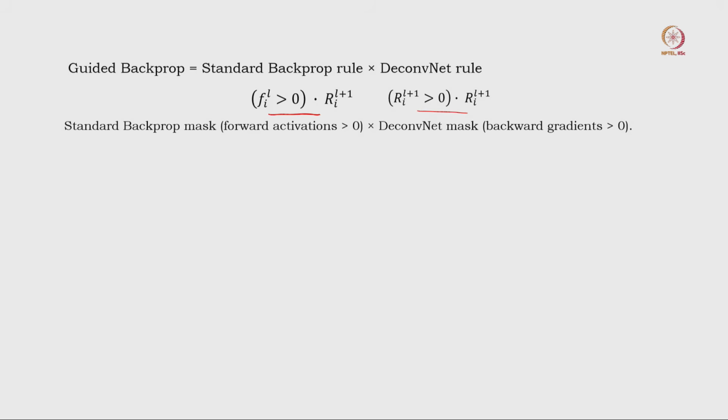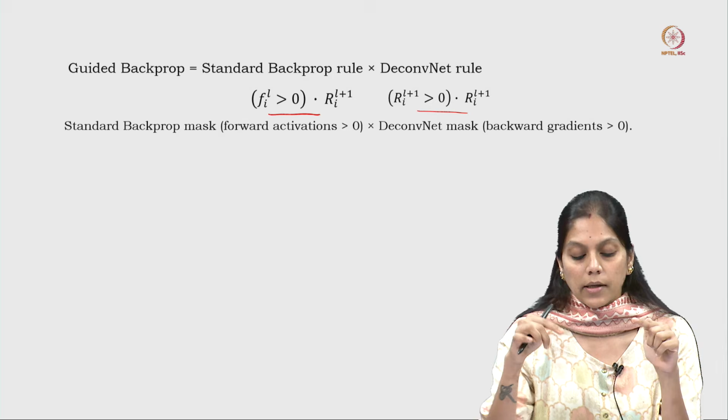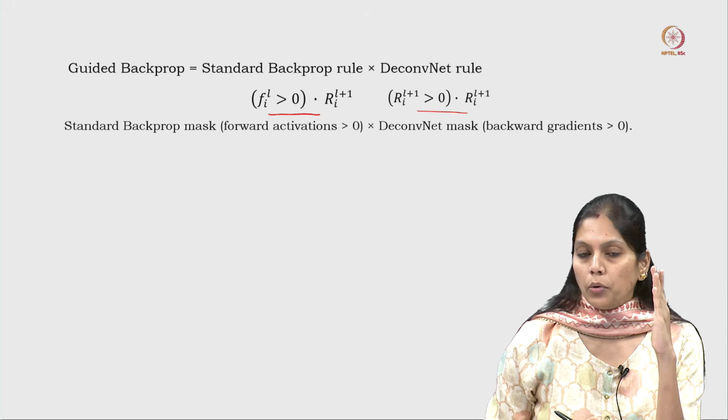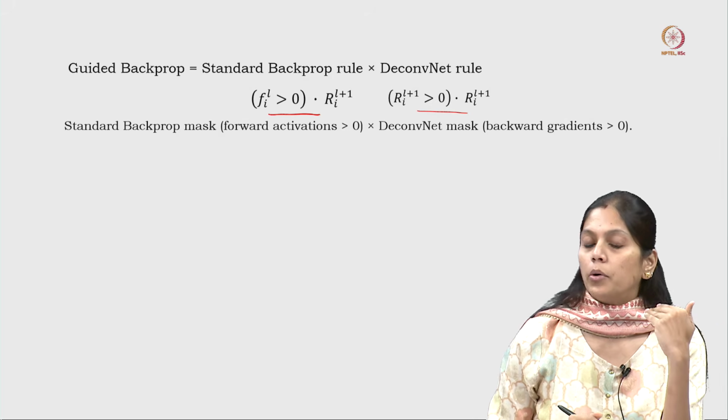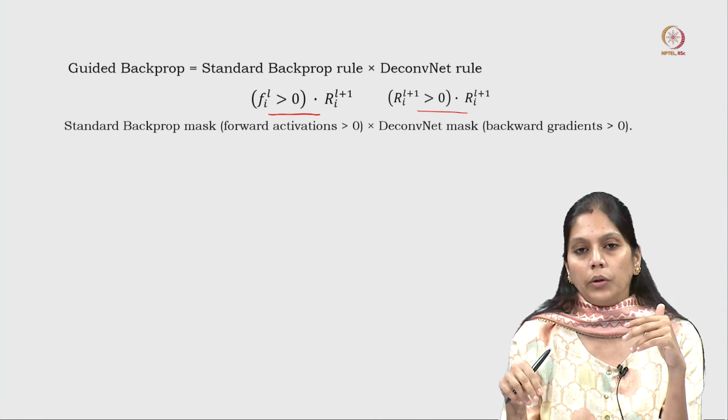But ideally, once the gradient is computed, we have one gradient matrix or gradient feature map, and on that gradient we compute the forward ReLU mask and the backward ReLU mask, and these two are applied onto the gradient.